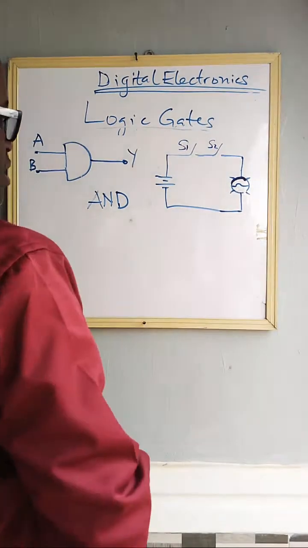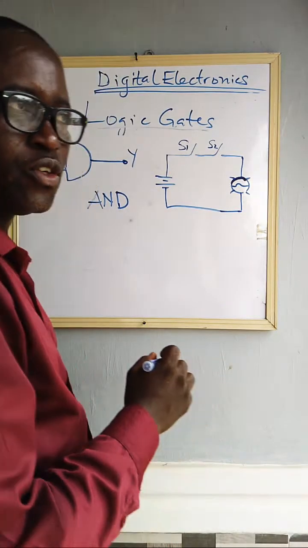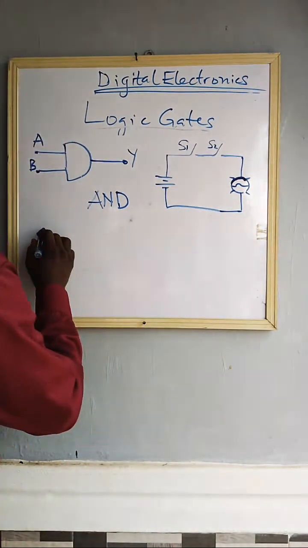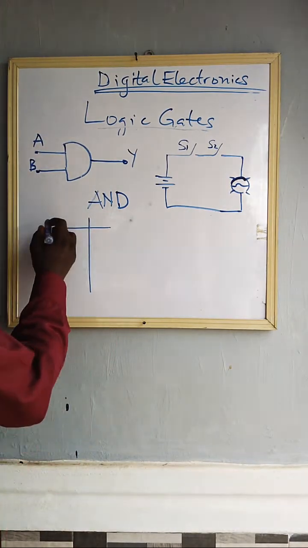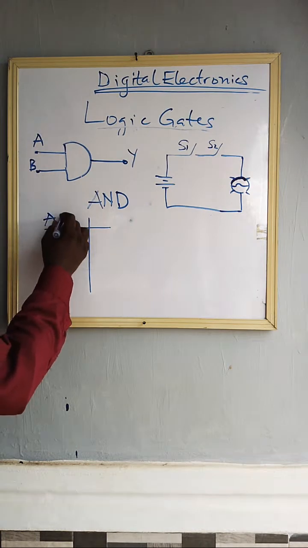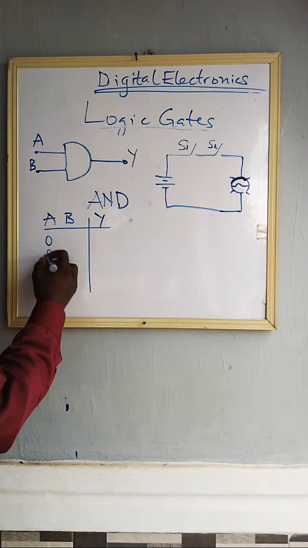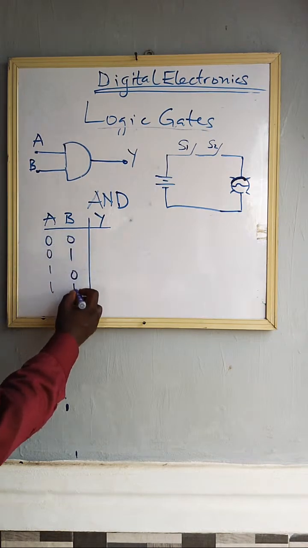That is the 0 state. To represent this, we can use the truth table. We have the truth table here: A, B, and Y. So we have 0, 0, 1, 1 and 0, 1, 0, 1.